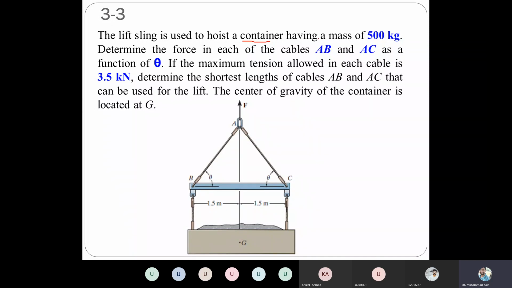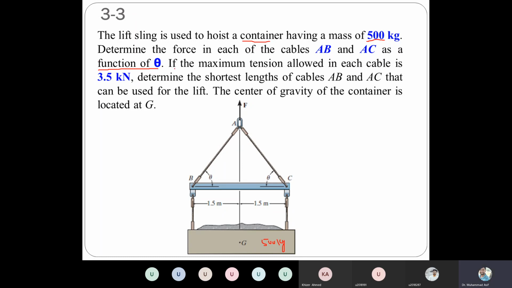In that case, the weight of that container is 500 kg. So weight is given. Determine the force in each of the cables AB and AC, as a function of theta. So you have to figure out the force as a function of theta.